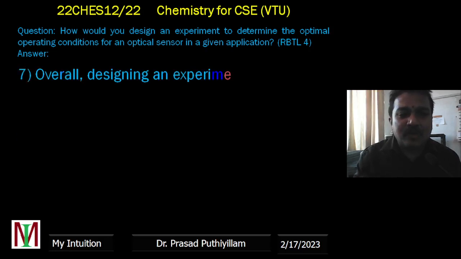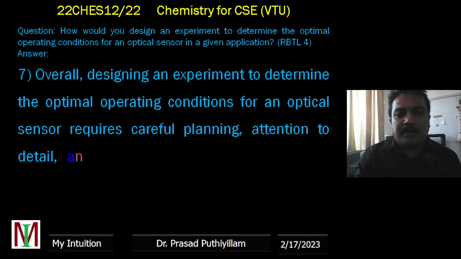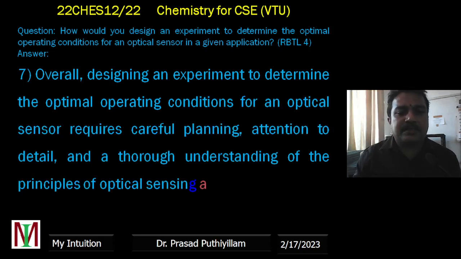Overall, designing an experiment to determine the optimal operating condition for an optical sensor requires careful planning, attention to details, and thorough understanding of the principles of optical sensing and data analysis. The one who works on that should have thorough knowledge of optical sensing and data analysis principles.